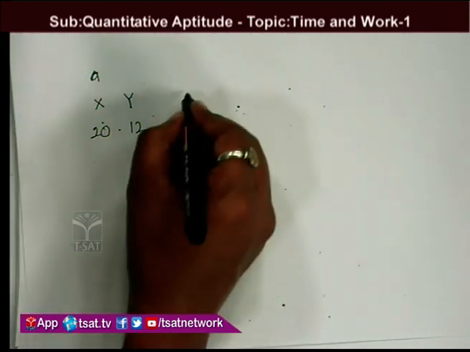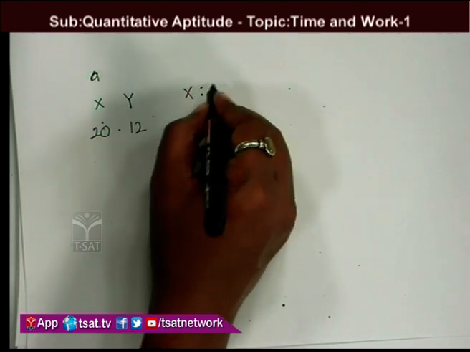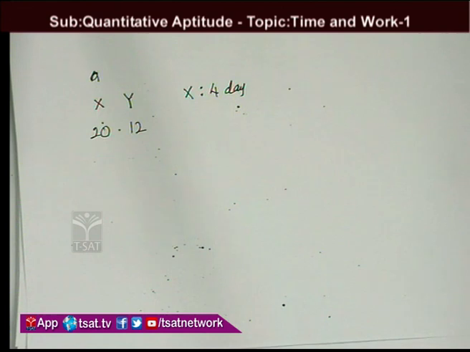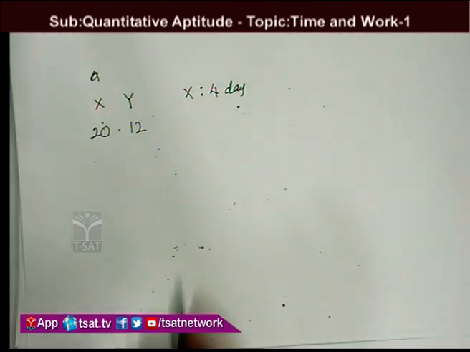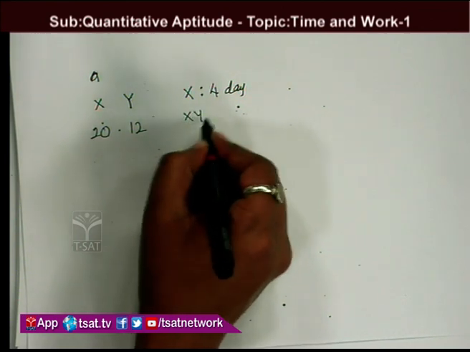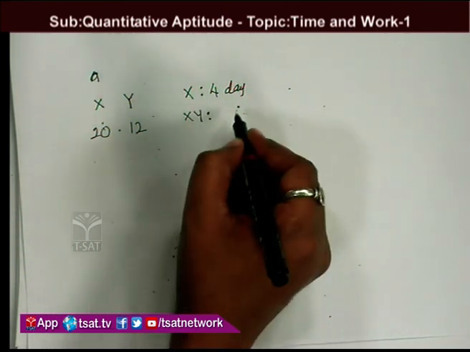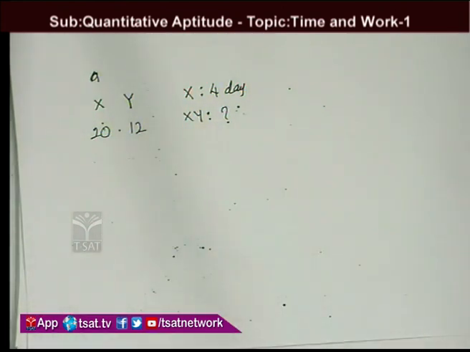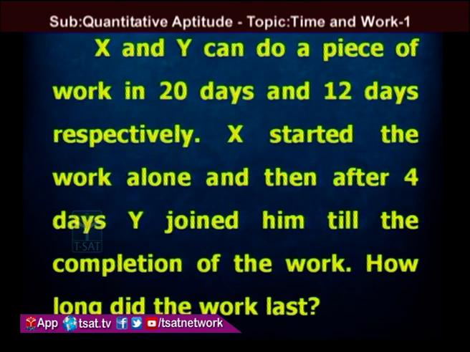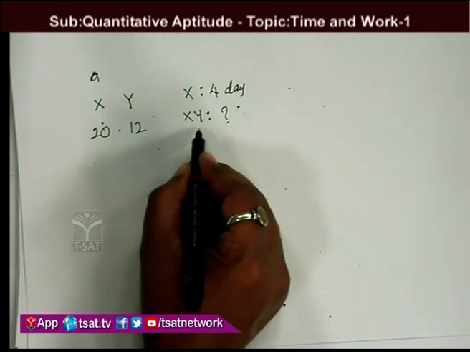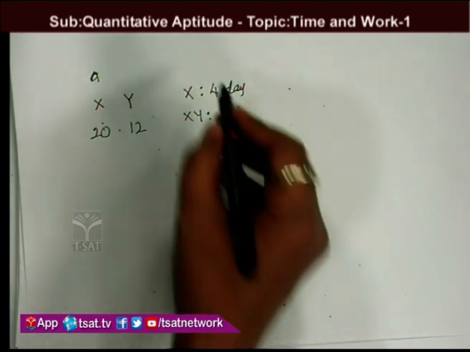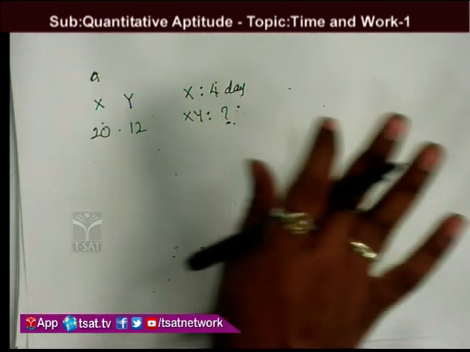In the first case, work started and X worked alone for the first 4 days. After that Y joined with him, and X and Y both are working, but we do not know for how many days. So, you have to find out how many days X and Y work together.